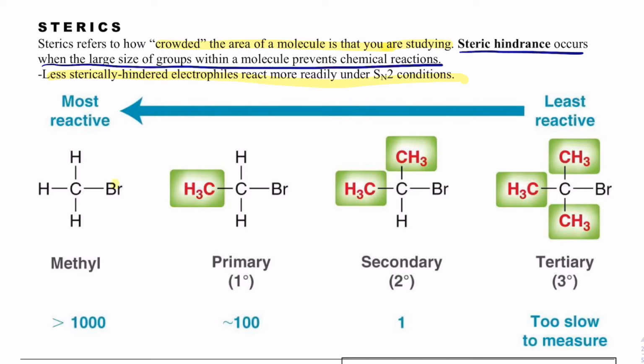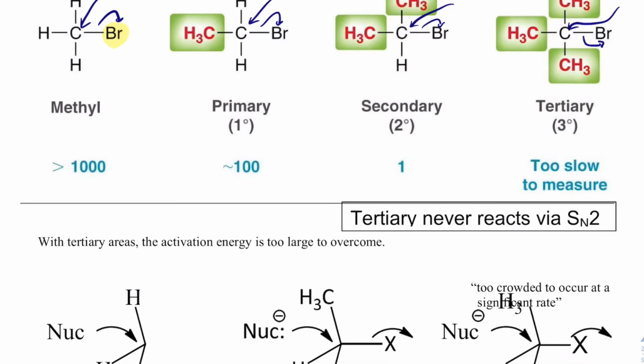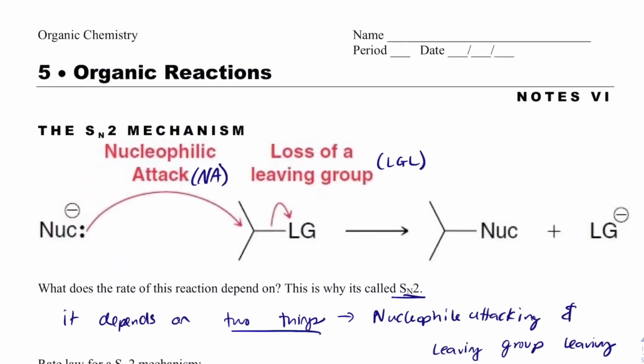So for example, we have this bromine group. Something's going to come in and attack that carbon. Bromine's going to leave. That's going to happen to all of these. And as we get more groups, it makes it harder for our nucleophile to get in there and attack. And so we see that tertiary carbons never ever react via SN2. Okay, you will get that down just fine.